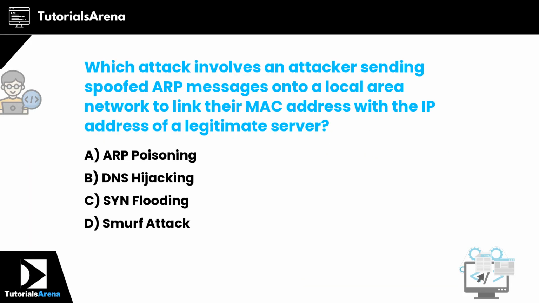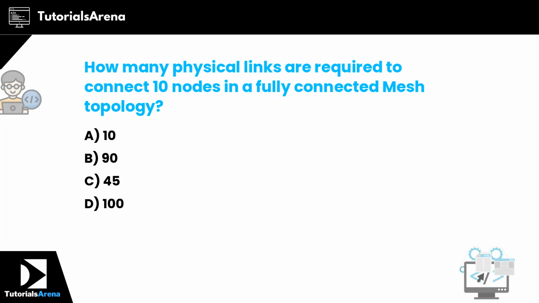Which attack involves an attacker sending spoofed ARP messages onto a local area network to link their MAC address with the IP address of a legitimate server? The correct answer is option A, ARP poisoning. How many physical links are required to connect 10 nodes in a fully connected mesh topology?